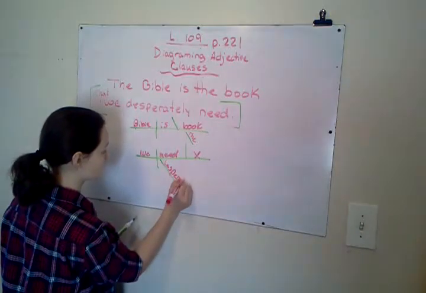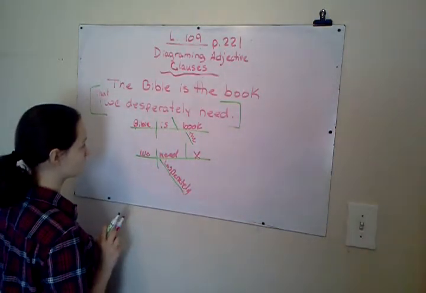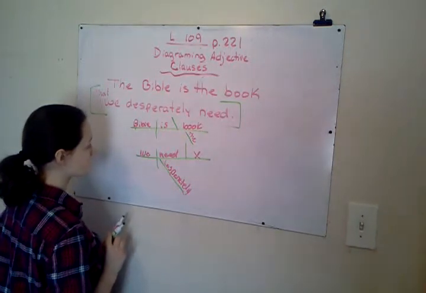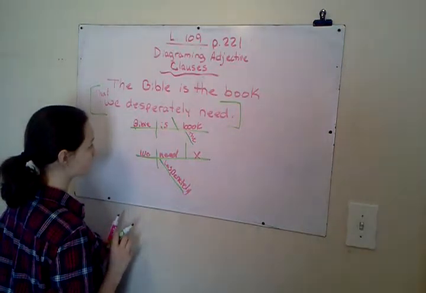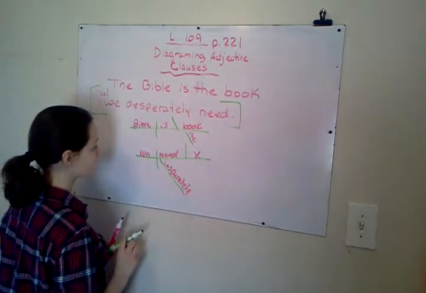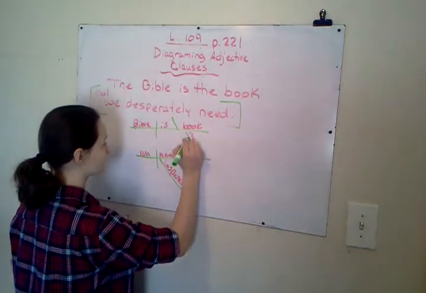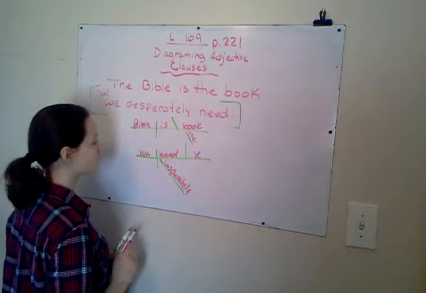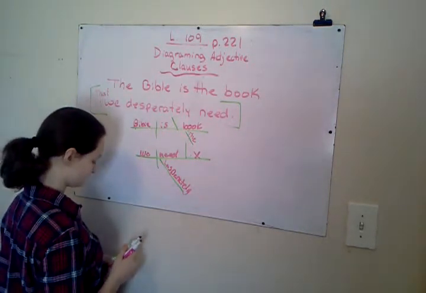And then all we have left to do is to connect our clause back to the main sentence. Our line needs to go from the relative to the word the clause is modifying. The relative would be that, so our line is going to go from the space with the X on it to the word book. Because which book? The book that we desperately need. Book is the word being modified by the adjective clause that we desperately need.